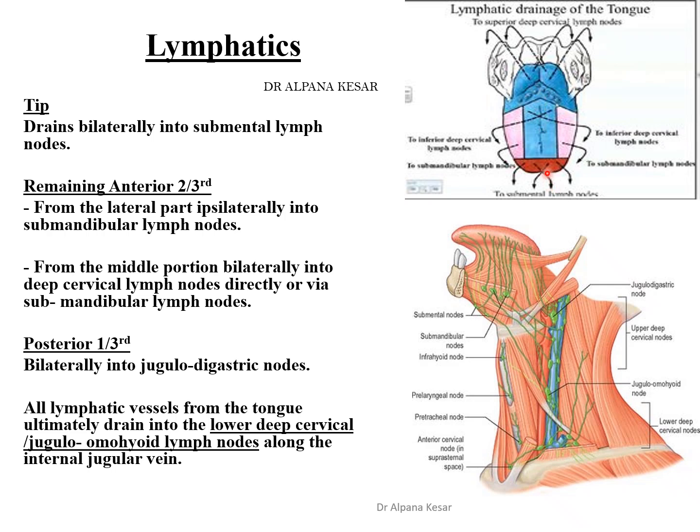The lymphatic drainage from the tip of the tongue, the middle part of the anterior two-thirds, and posterior one-third of the tongue is bilateral, and the lymphatic drainage from the lateral part of the anterior two-thirds is ipsilateral.